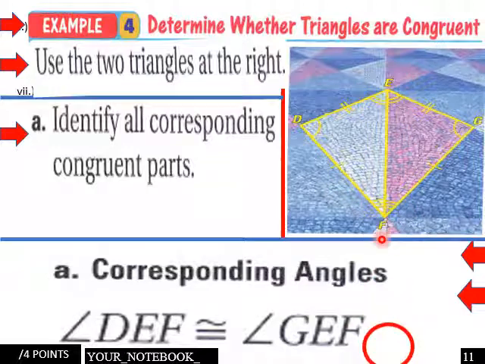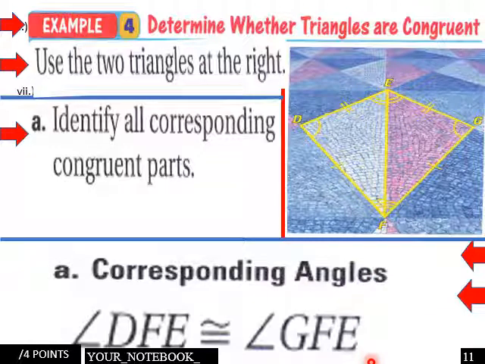Here's DEF, and then GEF is the same thing. On this side of this dividing line, these two angles are congruent. They both have two little hash marks.